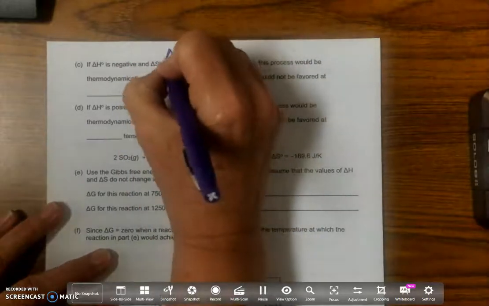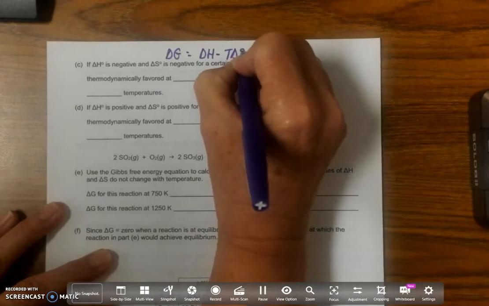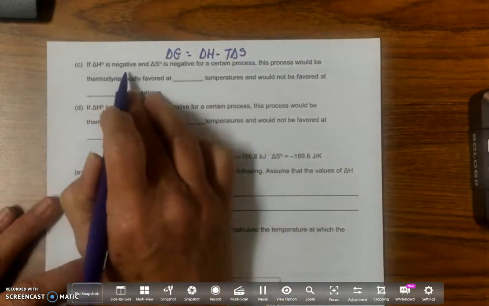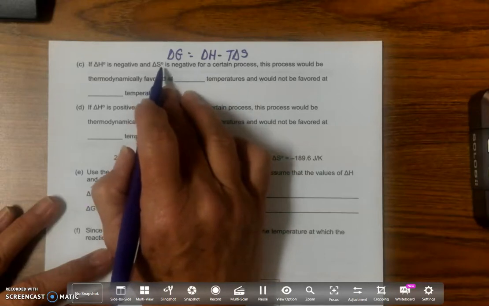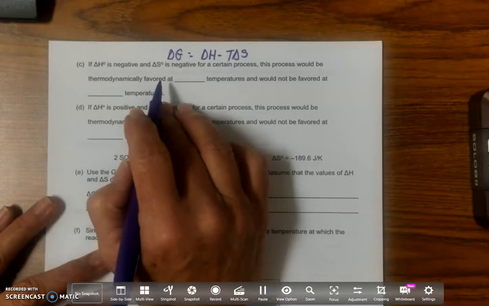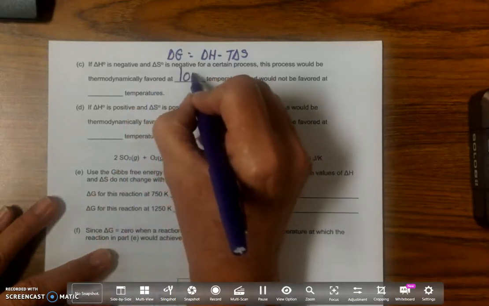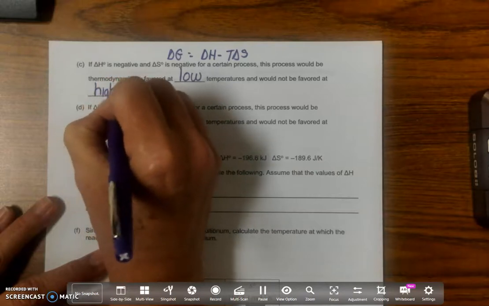So I'm going to put the equation up here again. If delta H is negative, which means it's favored, and delta S is negative, which means it's not, this would be thermodynamically favored at low temperatures and not favored at high. Why is that?